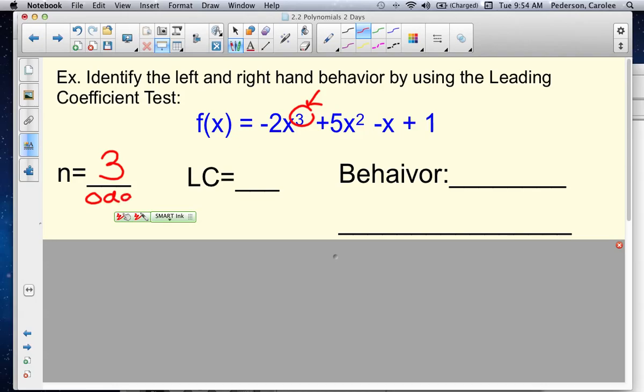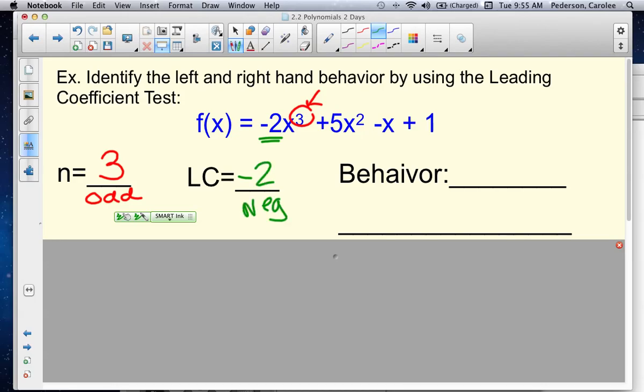Odd. All right. And who could share with me what is your leading coefficient? -2. True. So is that positive or negative? Negative.